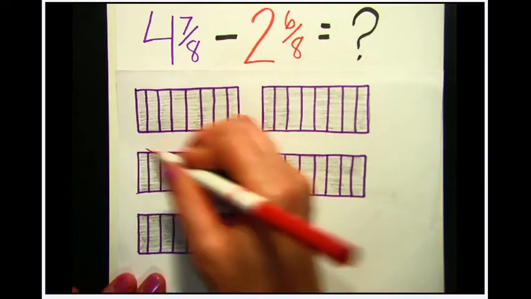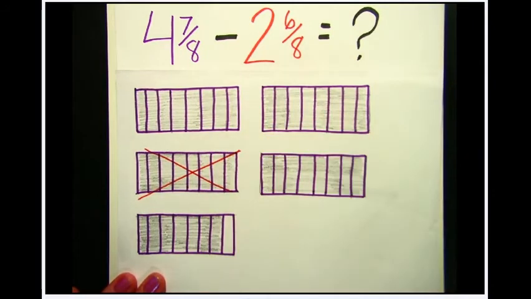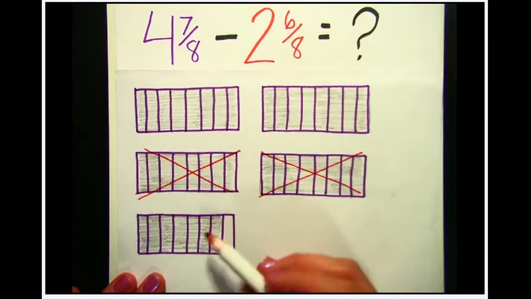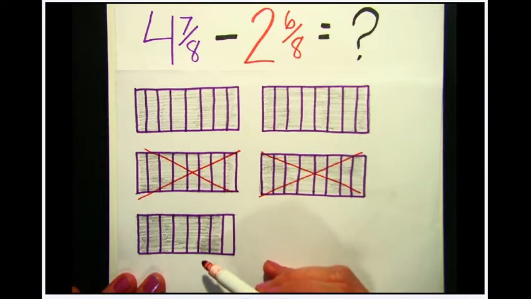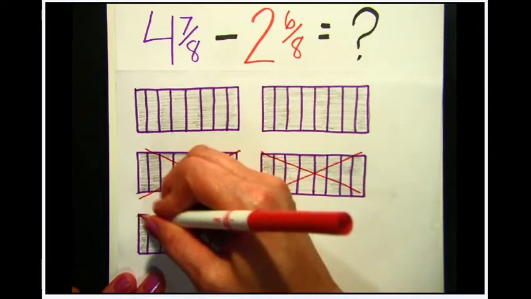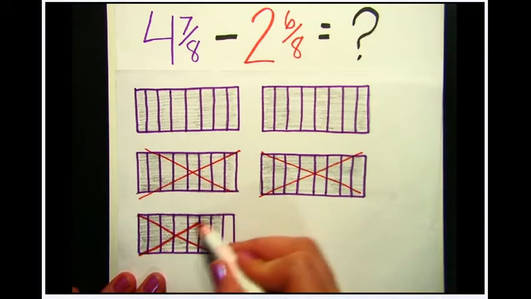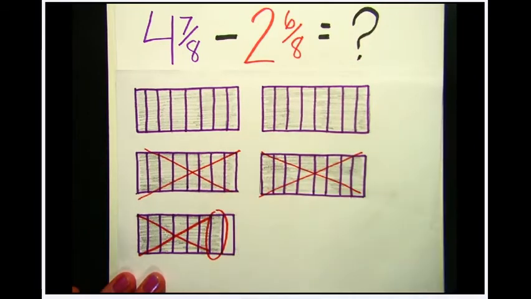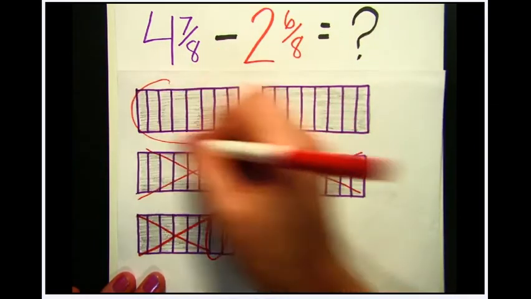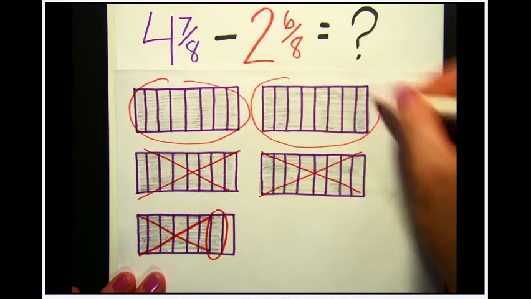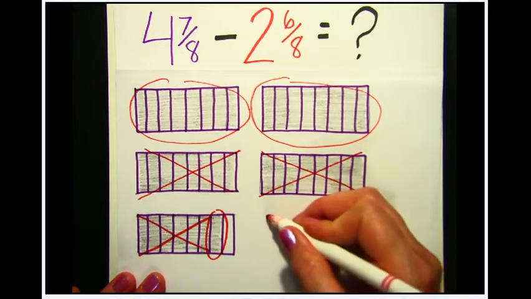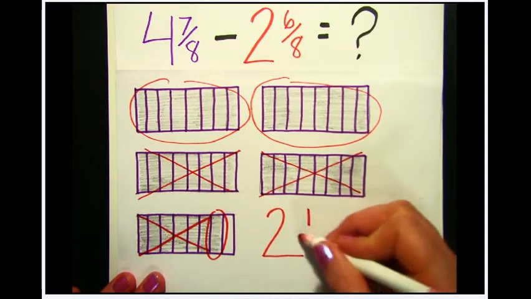So if I take away 1 whole, 2 wholes, and I go to my last rectangle and I take away 6/8, I'm left with 1/8 here, and 2 wholes here. So 4 7/8 minus 2 6/8 is 2 1/8.